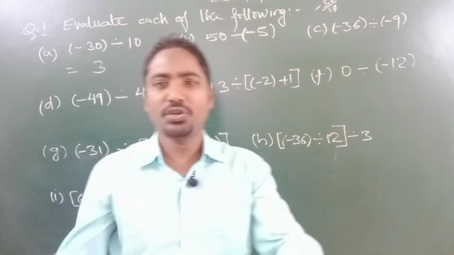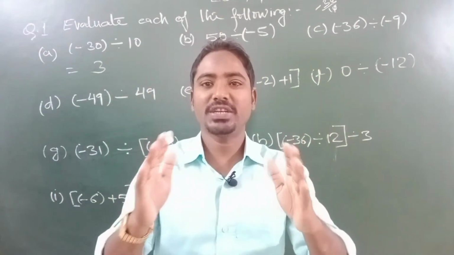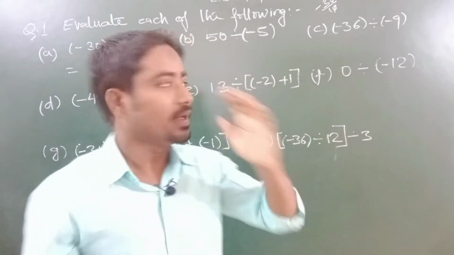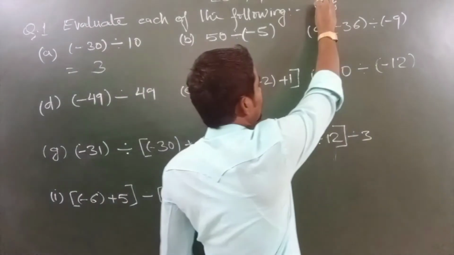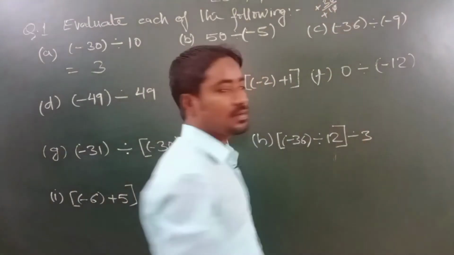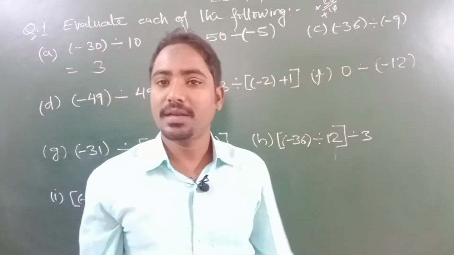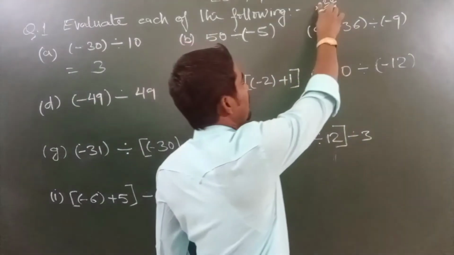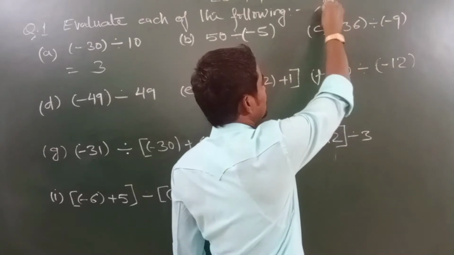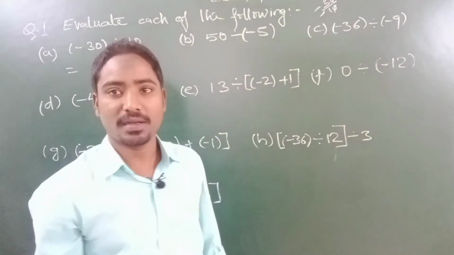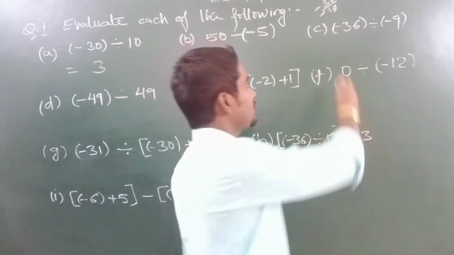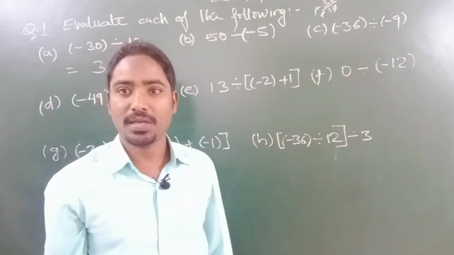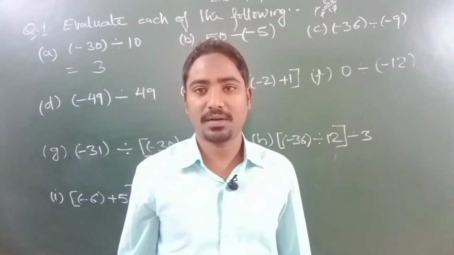Here, during the division of integers, students, one thing you have to keep in mind: if both the numbers are positive, then the positive sign will be there. If both are negative, suppose minus 10 and minus 30, then minus and minus will cancel each other, and again you will get a positive result.